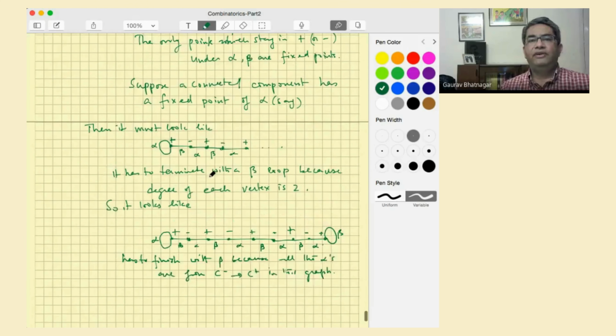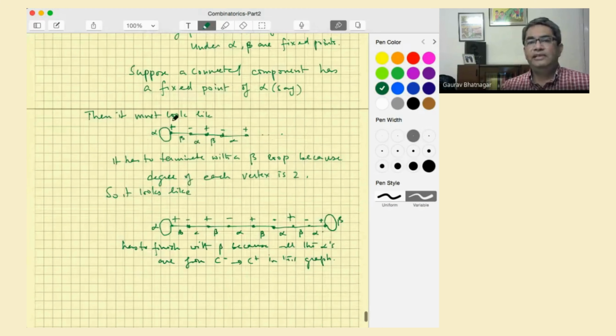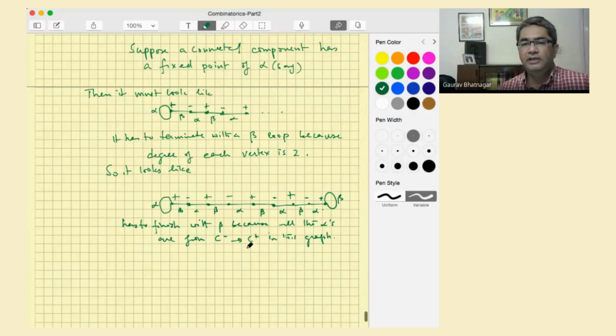That says that if there is nothing, then it has to be like this. If there is even one fixed point, then it has to start somewhere like this and end somewhere like this. And the same argument will go for beta. So this completes the proof.